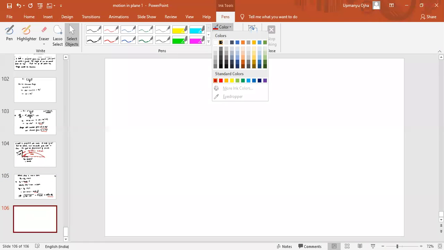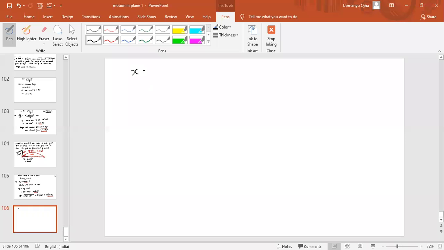Along the x-axis, x equals Ux into t plus 0, because Ax is 0. This will come as 40 into 2, which means 80 meter. 80 meter is the position of the particle along the x-axis.